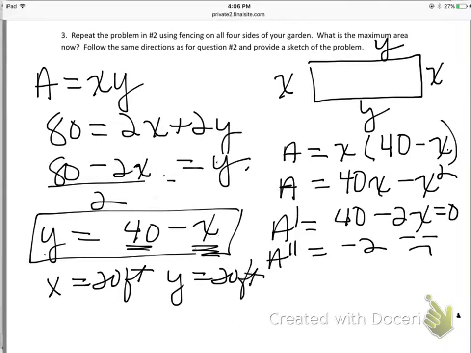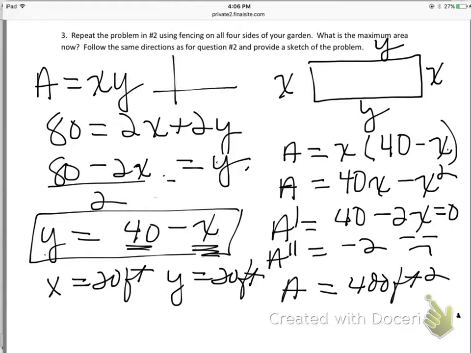I do indeed have a square. My area this time equals 20 times 20, which is 400 feet squared. So my garden's going to be bigger, which does make sense because I have the same amount of fencing and I'm not using the house as one side. So that's my scenario.